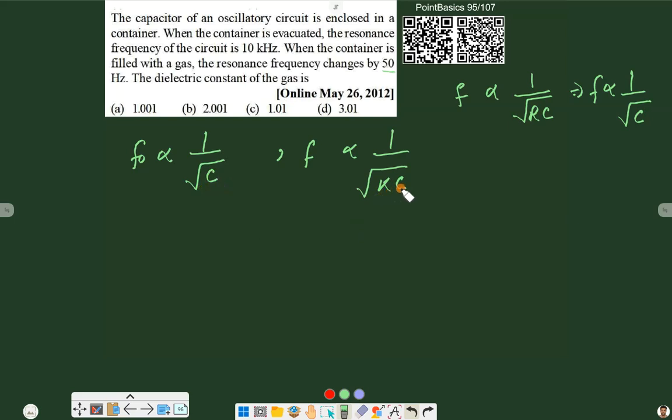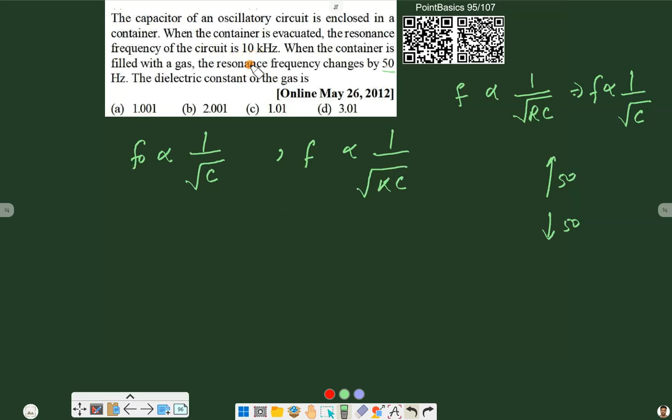As the gas will have some positive dielectric constant greater than 1, this will effectively increase the capacitance, so frequency should decrease. Here it is mentioned that it changes by 50, not whether it increases or decreases by 50. But from this relationship we can deduce that the frequency will decrease by 50.